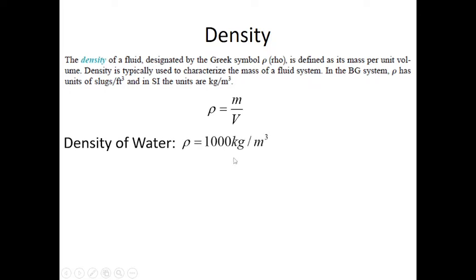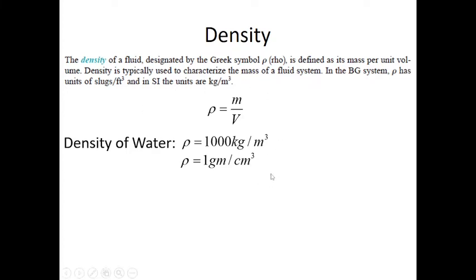The density of water is 1,000 kg per cubic meter. Okay? Remember this, that alam natin yung density is a ratio of mass of the substance to its volume, no? So, pag nagkaroon tayo ng problem solving, ma-appreciate nyo yung formula na yan. So, the density of water is 1,000 kilogram per cubic meter.